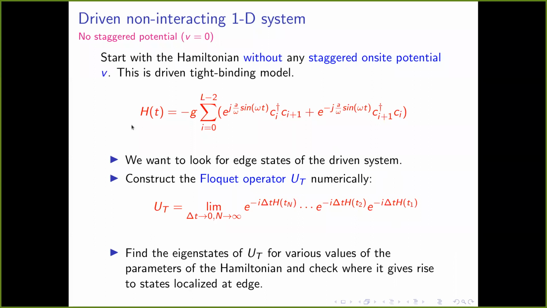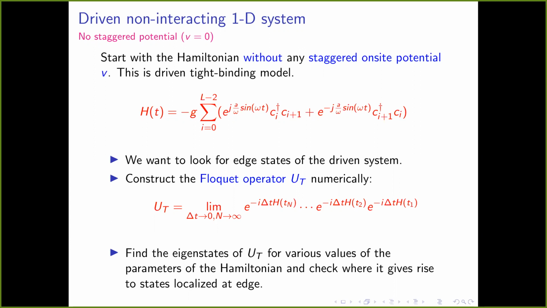So the driven tight binding model looks like this, and we want to look for edge states of the driven system. And remember, I told you that we have to construct the Floquet time evolution operator and look for its eigenvalues and eigenstates, which will say whether we have states which are localized at the edge or not.